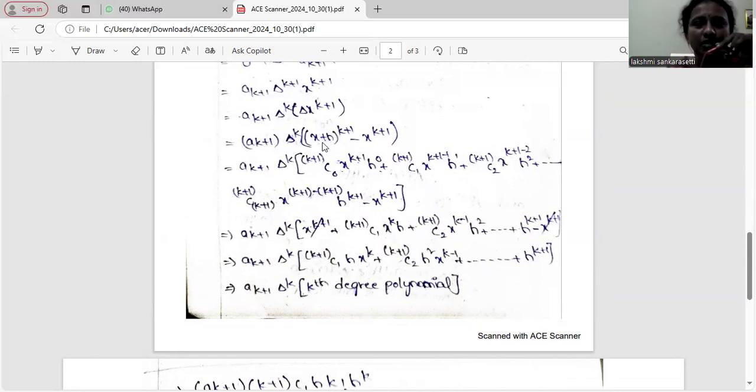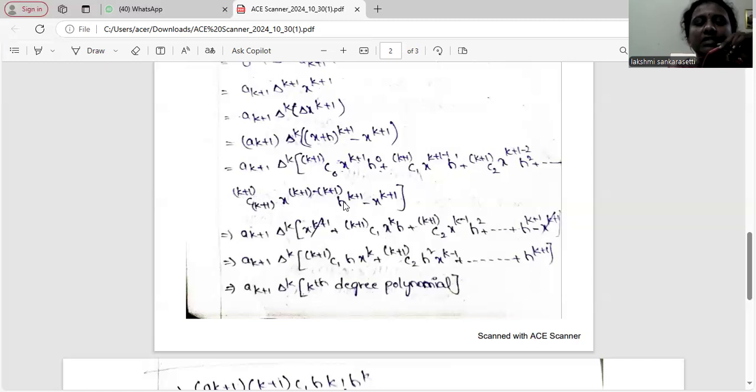By using the binomial expansion, (x+y) whole power n can be defined as nC0 into x power n into y power 0, plus nC1 into x power n-1 into y power 1, plus nC2 into x power n-2 into y power 2, and so on, up to nCn into x power n-n into y power n.